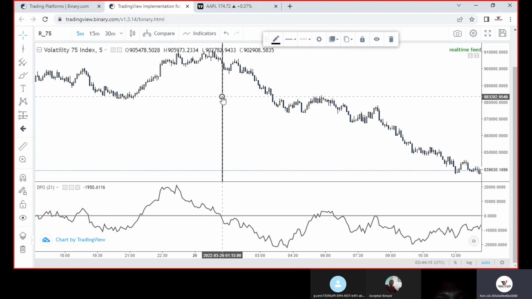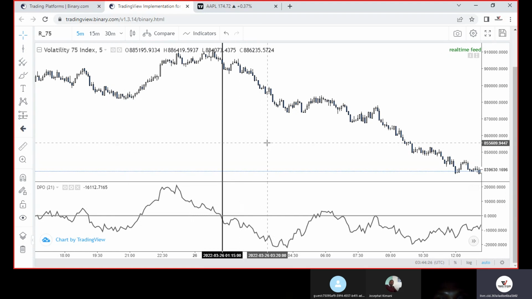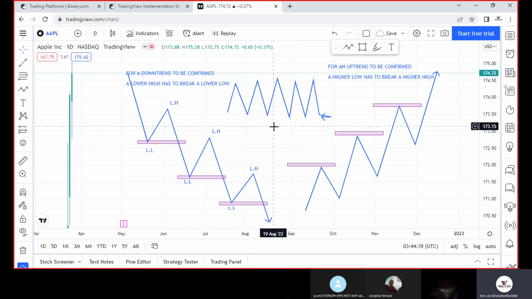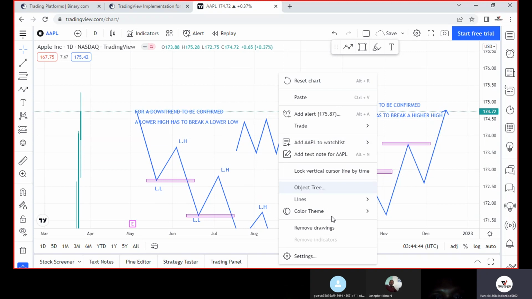From this point we can say we have VIX 75 in a downtrend. Having established that we are in a downtrend of VIX 75, where can we take possible entries? There are three ways in which I believe good entries can be taken.